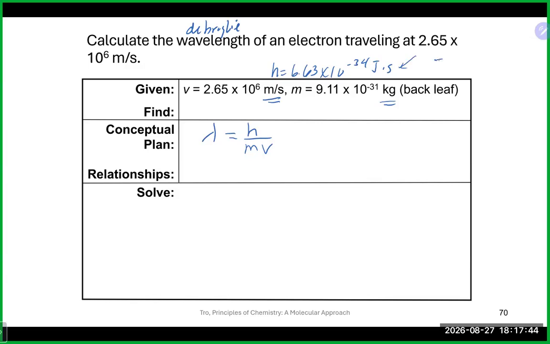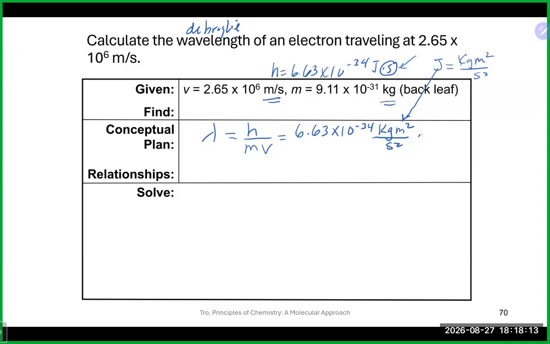Again, we're going to use the relationship that the joule is a kilogram meter squared per second squared. So really all we have to do is pop in our 6.63 times 10 to the minus 34. I will use those units for the joule part of it: kilograms, meters squared, per second squared. Once again, that is the joule part of it. We do want to remember that Planck's constant is also times seconds, so that's where the extra seconds come from.